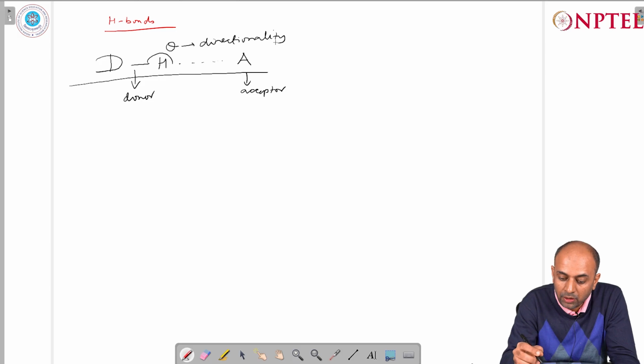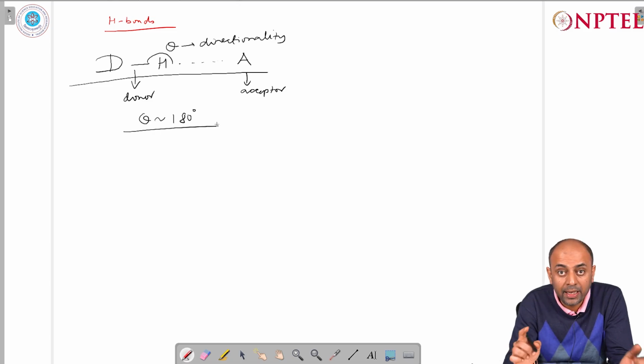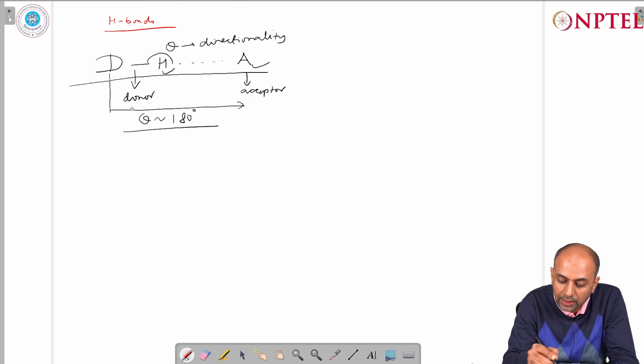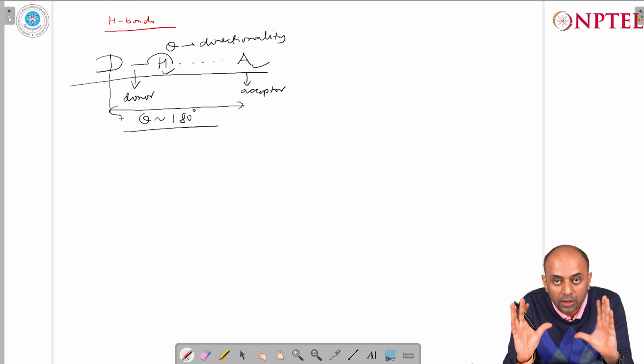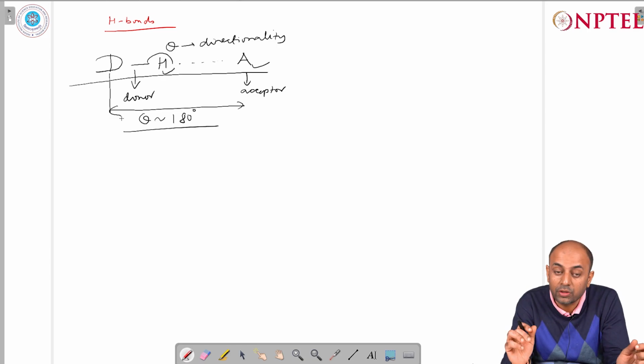And we also observed that this angle in the ideal situation should be close to 180 degrees, as linear as possible, so as to maximize the attraction between the hydrogen and the acceptor and minimize the electronic repulsions between the donor and the acceptor, assuming that the donor and the acceptor have lone pairs of electrons associated with them.